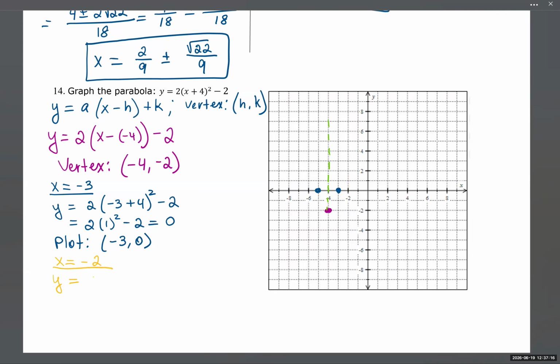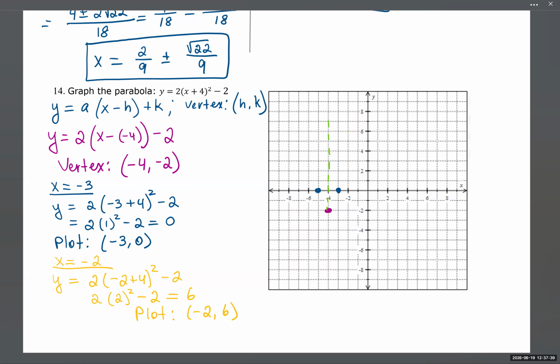So y equals 2 times -2 plus 4 squared minus 2. So that's 2 times 2 squared minus 2. That's 8 minus 2, which is 6. So we're going to plot -2, 6 as our point.